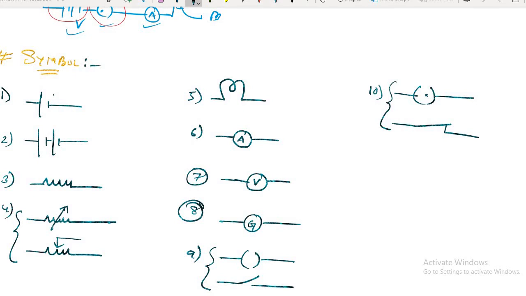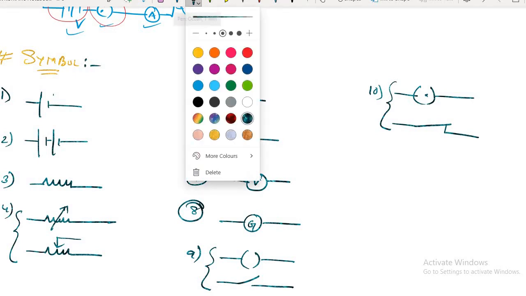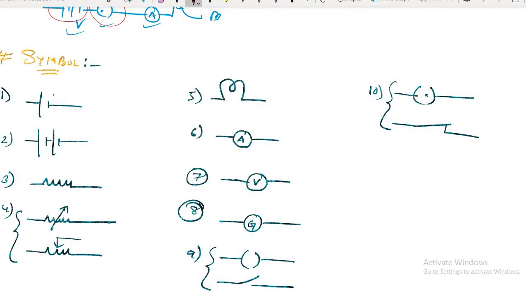Anything else I haven't mentioned? I think I have mentioned all the things. Nothing else is there. It's not striking my mind. If there is something different, I will tell you. Clear?